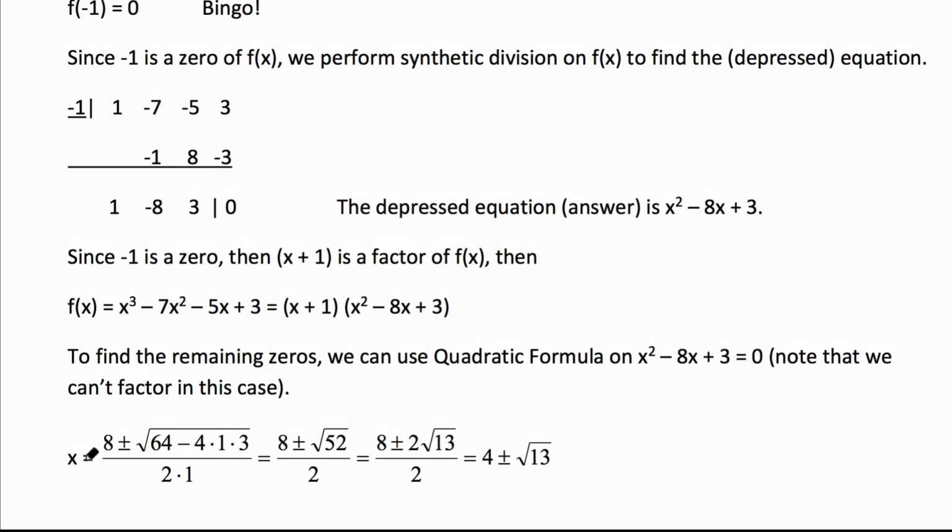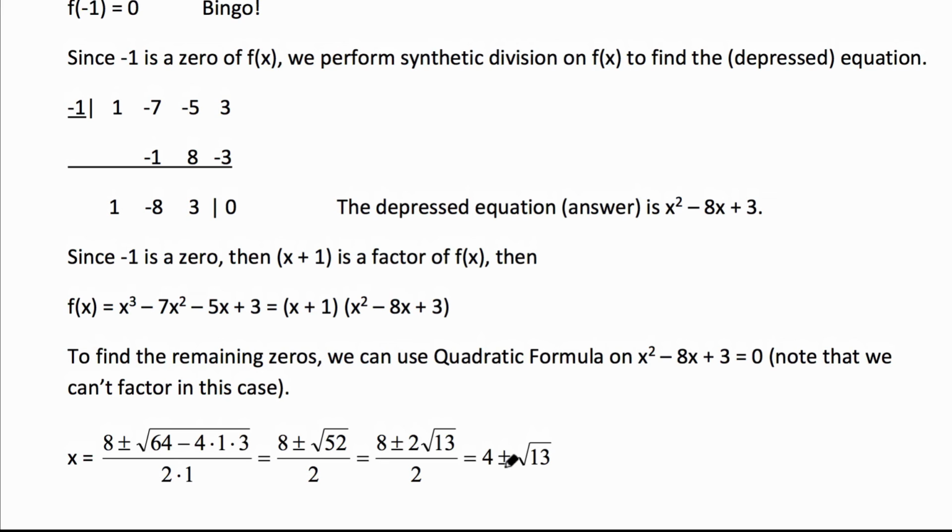It's not factorable, but we can use the quadratic formula. So if you remember, it's -b, which becomes positive 8 in this case, plus or minus the square root of b squared, which is 64, minus 4ac, 4 times 1 times 3. So I get 64 minus 12, we get 52, which actually is 4 times 13, so 2 can come out.